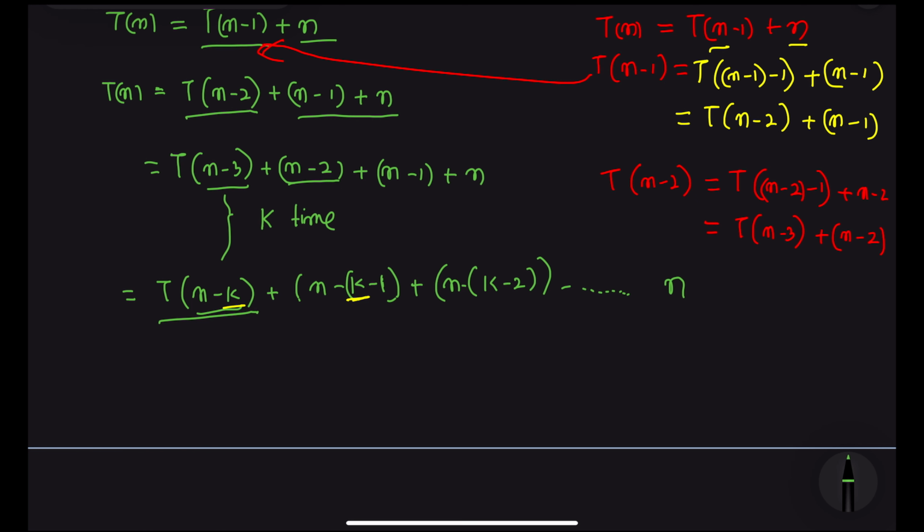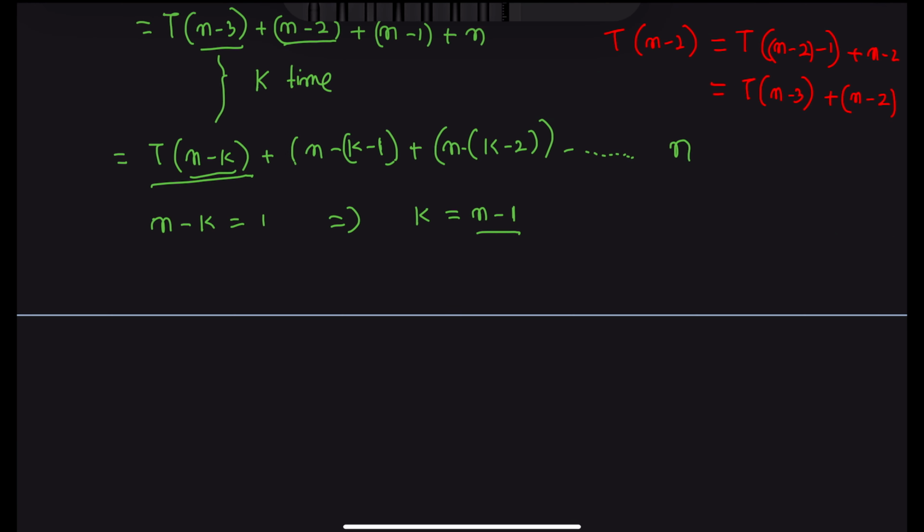In order to get it terminated, we need n-k equal to 1, so this will become 1 and then it will terminate. In this way we can find the value of k. So k will be equal to n-1.